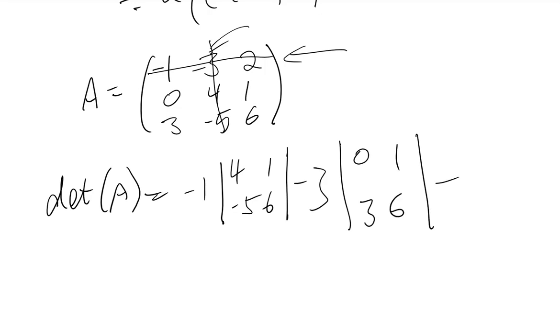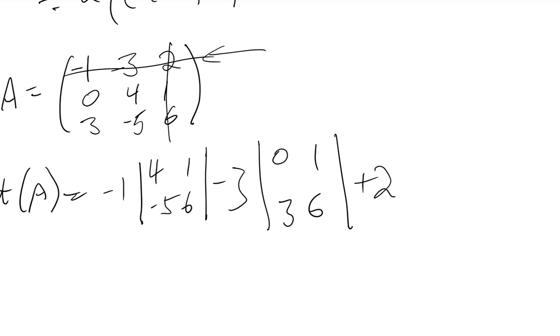And then plus, let me take the 2, so plus 2, that's the next term, and I'm going to cross out the row and the column that 2 is in, and write out what's left over. Ends up being 0, 4, 3, -5.